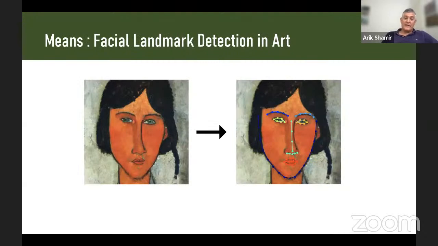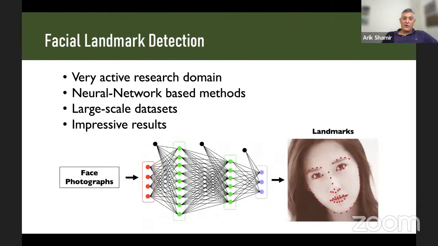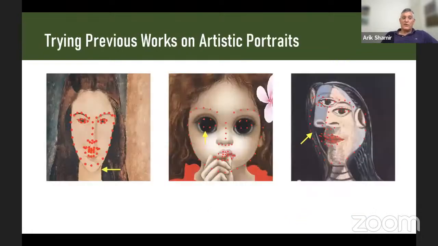I've shown you already that facial landmark detection is a very common algorithm in computer vision today. Unfortunately, when you look at results of previous work on artistic images, as I showed you before, you get serious artifacts and they don't work well.